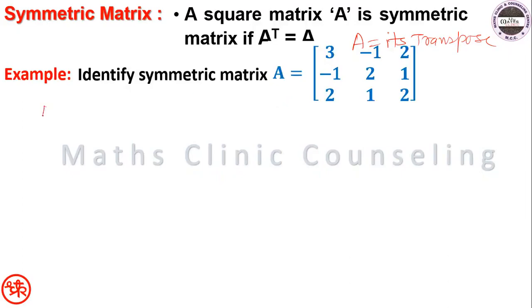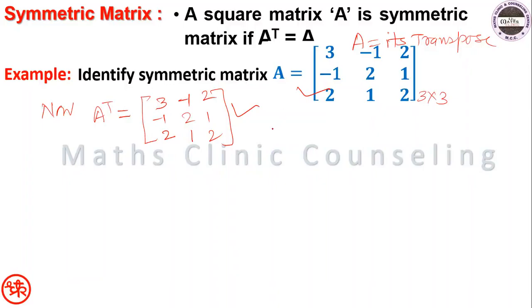Okay, so now A ट्रांसपोज इज इक्वल टू, ओके, कितना हो जाएगा? अब इसका ऑर्डर है 3/3 स्क्वायर मैट्रिक्स है, इसीलिए हम सिमेट्रिक उसका वेरीफाई करेंगे। अब पहला रो क्या है? 3 -1 2, दूसरा रो क्या है? -1 2 1, दूसरा कॉलम लिखा। तीसरा रो तीसरा कॉलम लिखेंगे हम 2 1 2। अब ये मैट्रिक्स और ये मैट्रिक्स दोनों में कुछ सिमिलैरिटी दिख रही है क्या? यस, हियर A is equal to A transpose, and therefore given matrix A is symmetric.